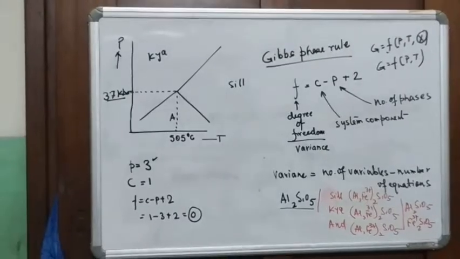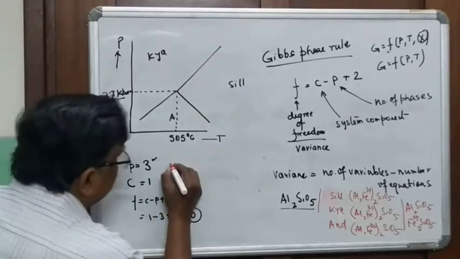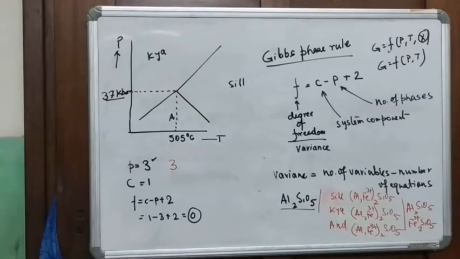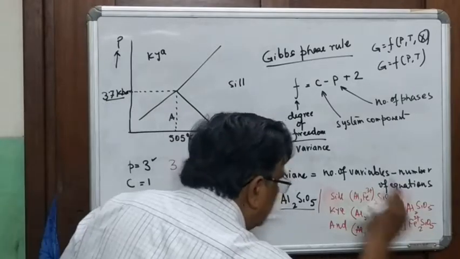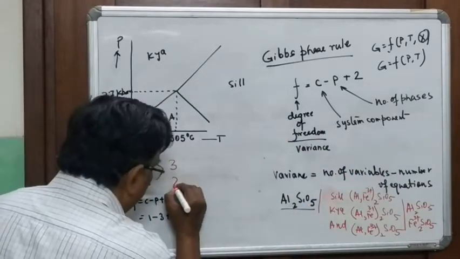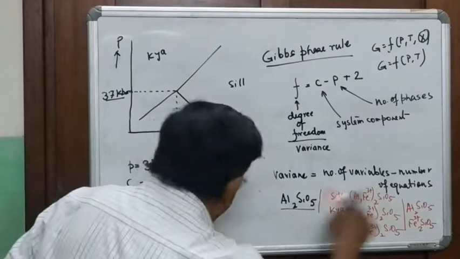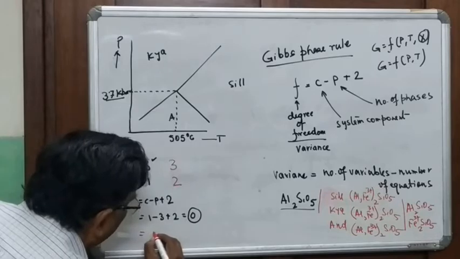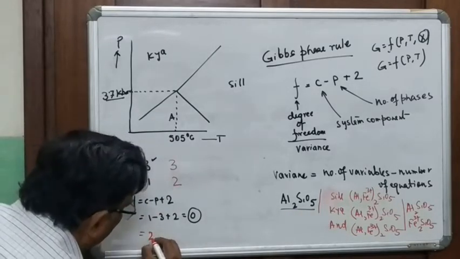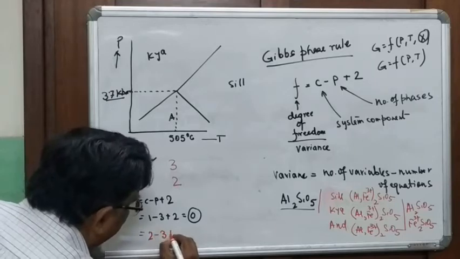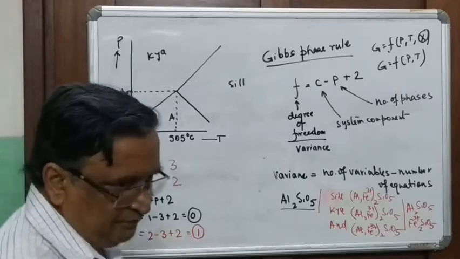Now what happens? How many phases are there? 3. How many components are there? 1, 2. It's a 2-component system. Now if I ask you what the variance is, it is 2 minus 3 plus 2, which is equal to 1. There you go.